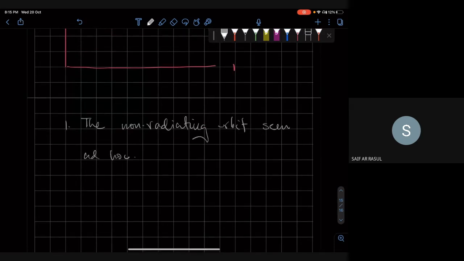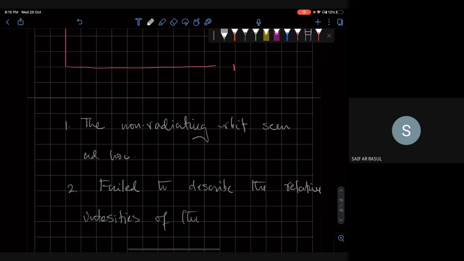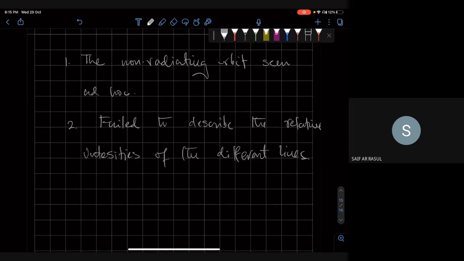That's not very serious, but the more serious one is that it failed to describe the relative intensities of the different lines. While you can improve on that by going to an elliptical model, it doesn't solve all your problems.